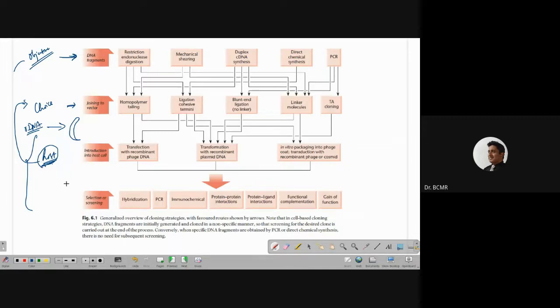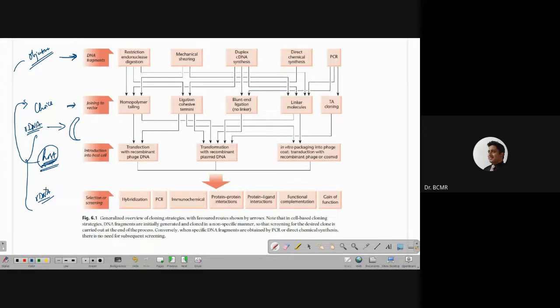Eventually we have put it into the host, and then we should be able to select or screen for the cells that we are interested in, the cells which have the recombinant DNA. We want to select these transformants from non-transformants, and we should be able to screen the recombinants from non-recombinants.